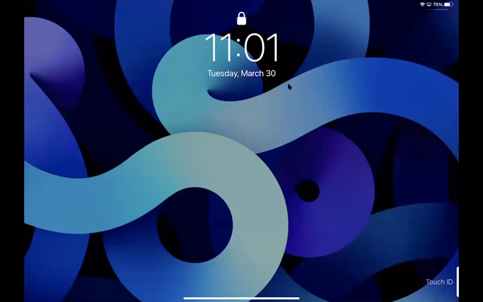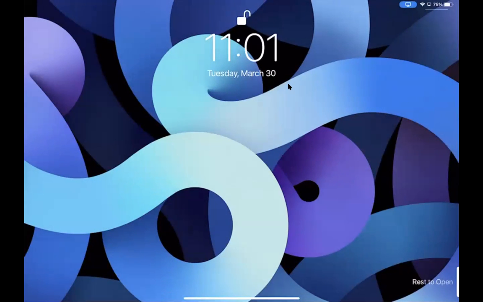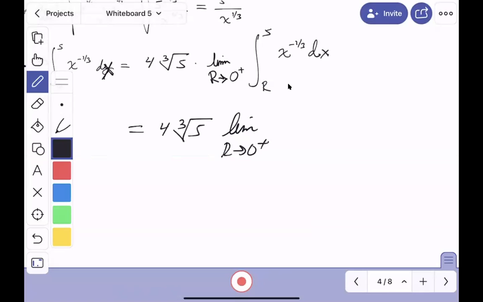Let's see. Increase the exponent by 1, 2/3, right? And divide through by 2/3, multiply by 3/2. Limit of integration r to 5. I think I can do it.